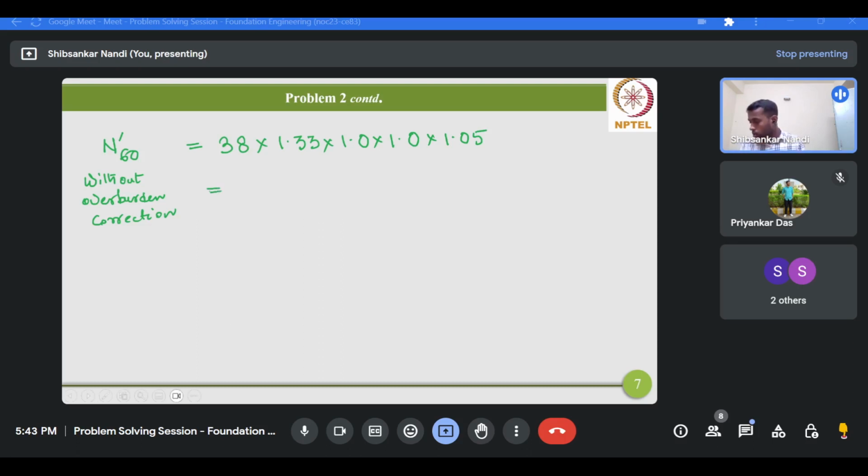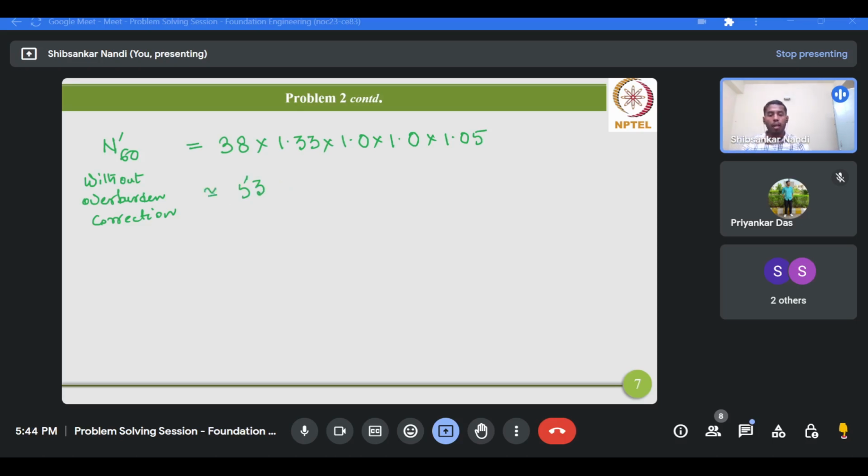So what is the value you are getting then? It would be 53.1, or 53.